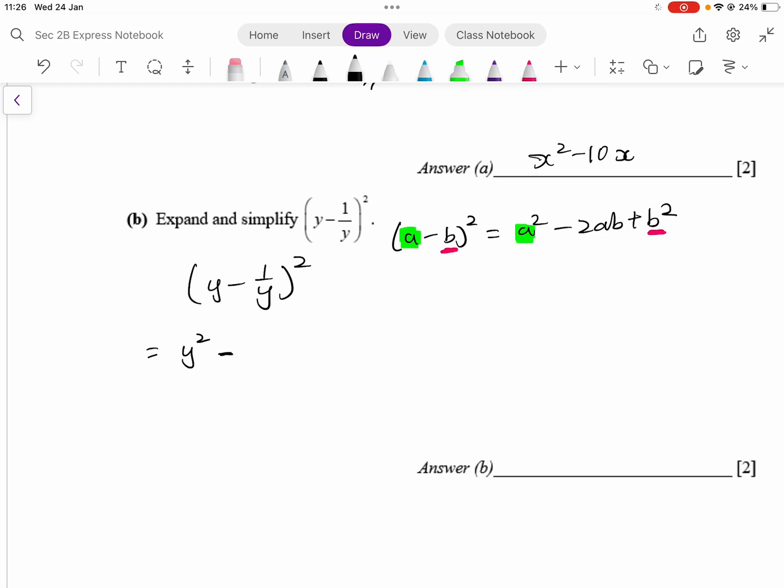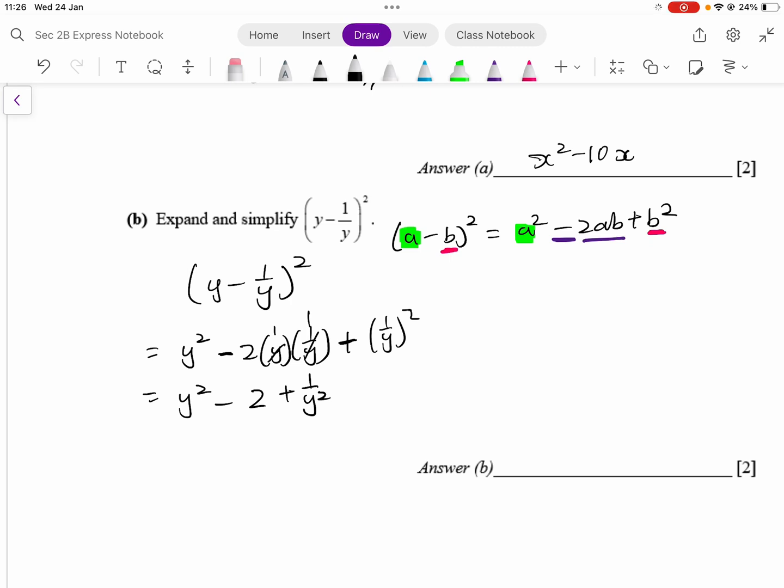Then we will have a minus 2ab, meaning that we have a minus 2 times y times 1 over y. Then we will have a plus 1 over y squared. So this becomes y squared minus, these two will cancel each other, 1 minus 2 plus 1 over y squared.